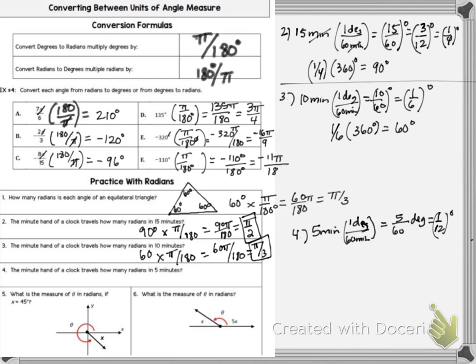I am going to multiply that 1/12 by 360 degrees, which is the same thing as taking 360 and dividing it by 12, and I'm going to get 30 degrees. But I need a radian measure, so I'm going to multiply by pi over 180 degrees, and it's going to give me 30 pi over 180. It's going to give me pi over 6.